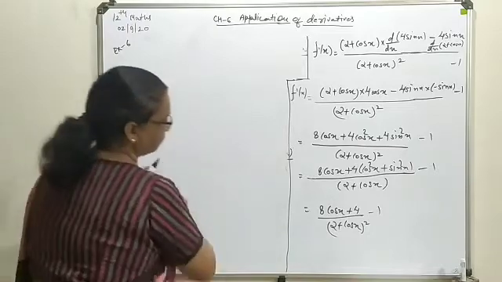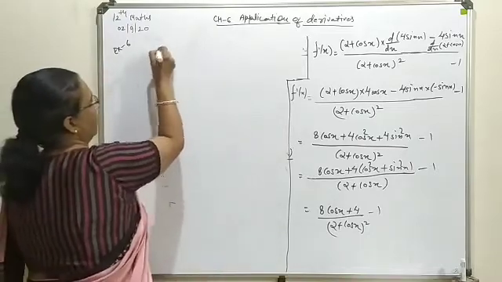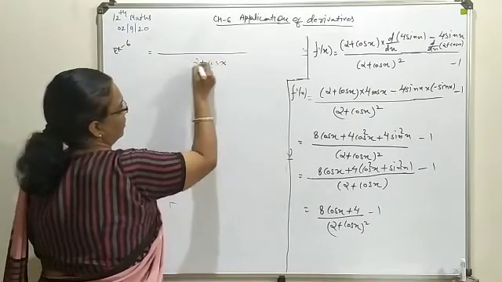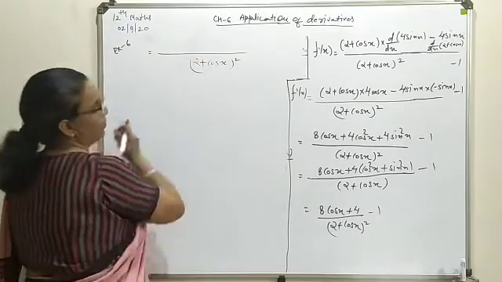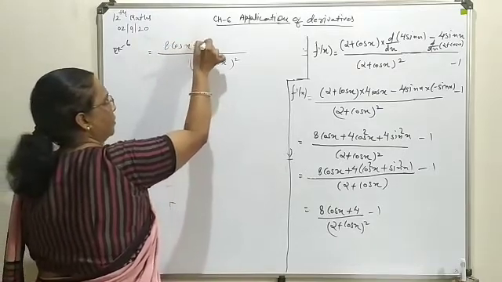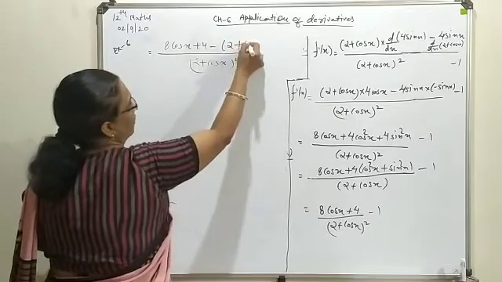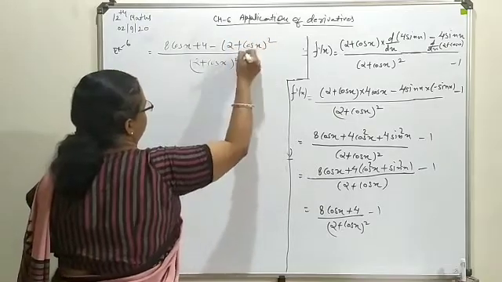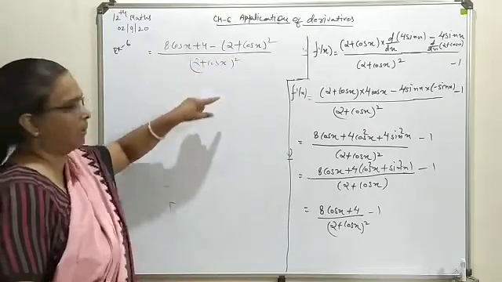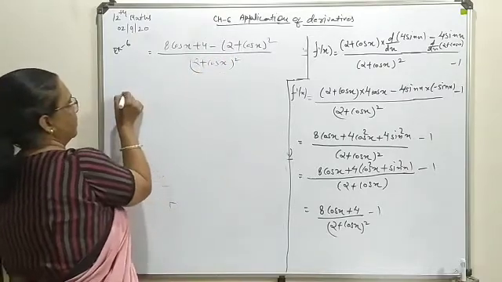Now here we are going to take 2 plus cos of x whole square as the LCM. So what will you have? 8 cos of x plus 4 minus 2 plus cos of x whole square. Now expand the square and try to combine some terms.